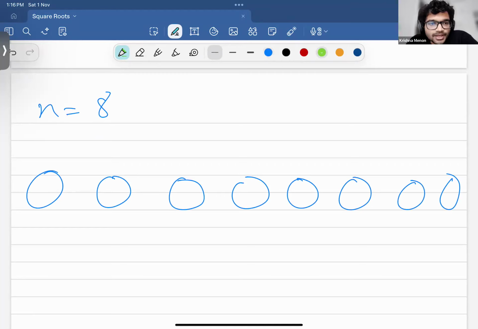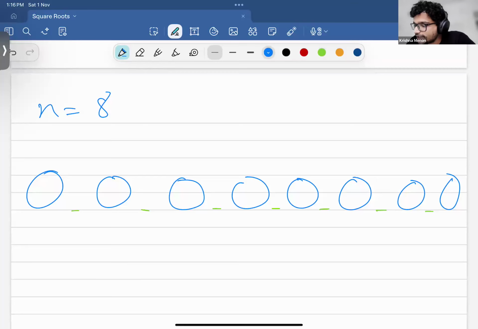Now what Asma said was, since you have 8 balls, you have these 7 empty places between them. Now I want to put the 2 bars to distinguish. So before the first bar is my first part, between the first and second bar is my second part, after the second bar is my third part.